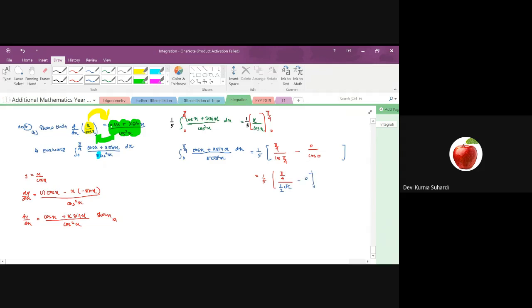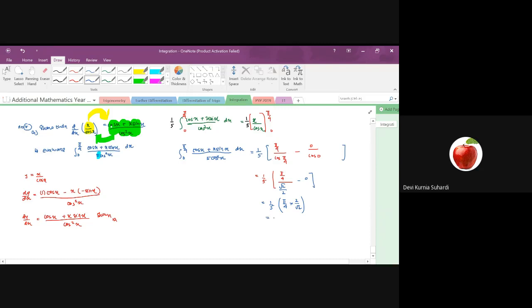Okay, 0 divided by anything, I get 0 anyway. So how do we divide a fraction? We multiply by the reciprocal. Okay, the half root 2, to make it easier for the next step, I'm just going to write this as root 2 over 2. So pi over 4 multiplied with 2 over root 2.